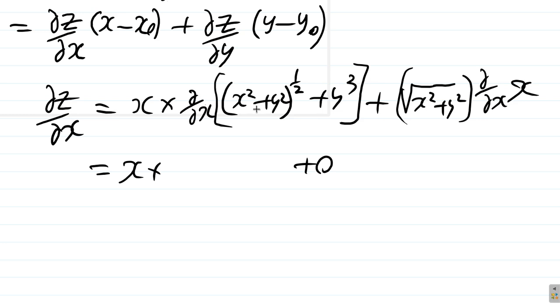But what happens here? This is chain rule. You differentiate the outside function, something to the half, which would be half, and that something, x squared plus y squared, to the half minus 1 is negative half, times differentiate the inside function with respect to x, it will be 2x.